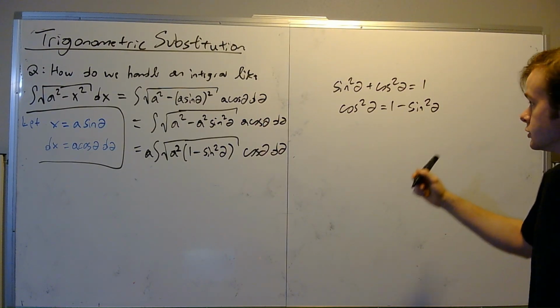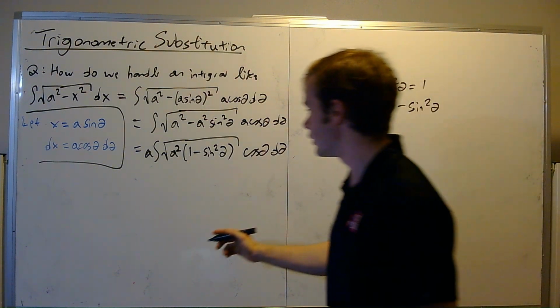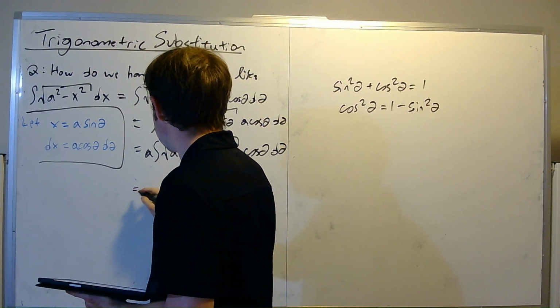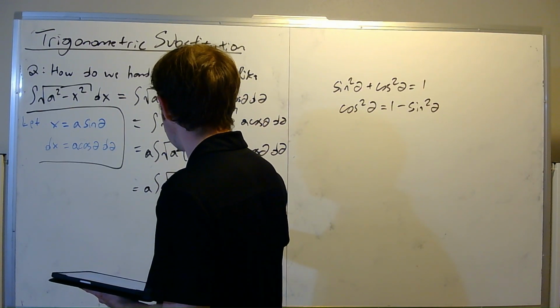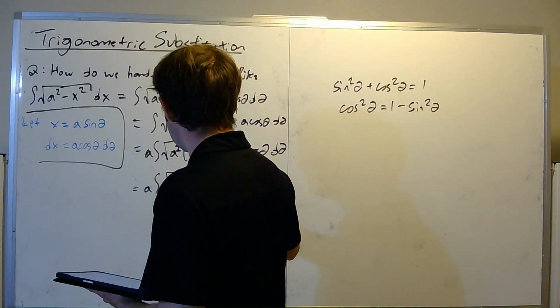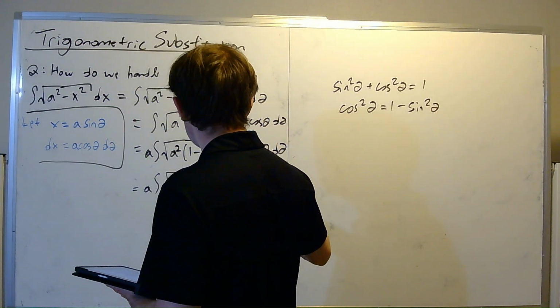Right? So we can just replace this 1 minus sine squared theta with cosine squared theta. So we're going to do that. And this is going to be a times the integral of the square root of a squared cosine squared theta times cosine theta d theta.